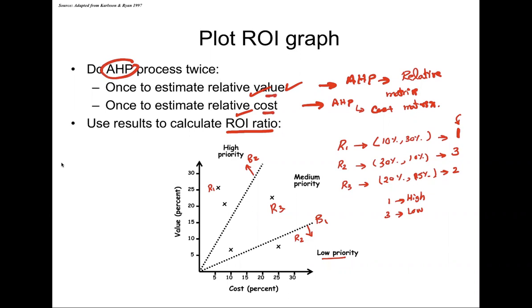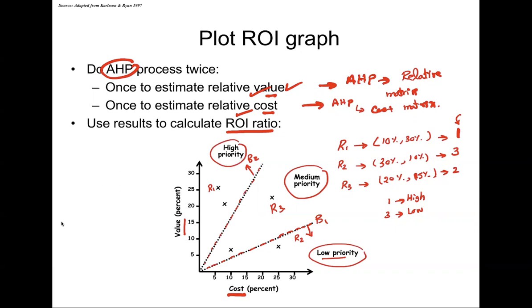We just have a pair which we map on X and Y. The X would be the cost and the Y would be the value. And then we plot this into the ROI curve, where we assume that we know the boundary for R1 and the boundary for R2. Now you can easily classify requirements into 3 classes: low priority, medium priority, and high priority.